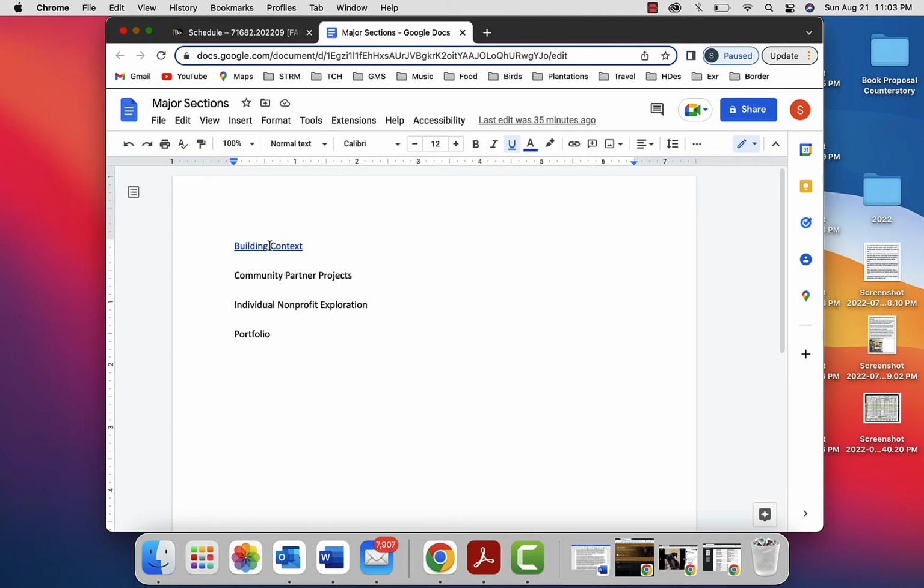Before you start any kind of project, you want to have some understanding of the building blocks you need to be able to work on a project. Now we will do community partner projects.